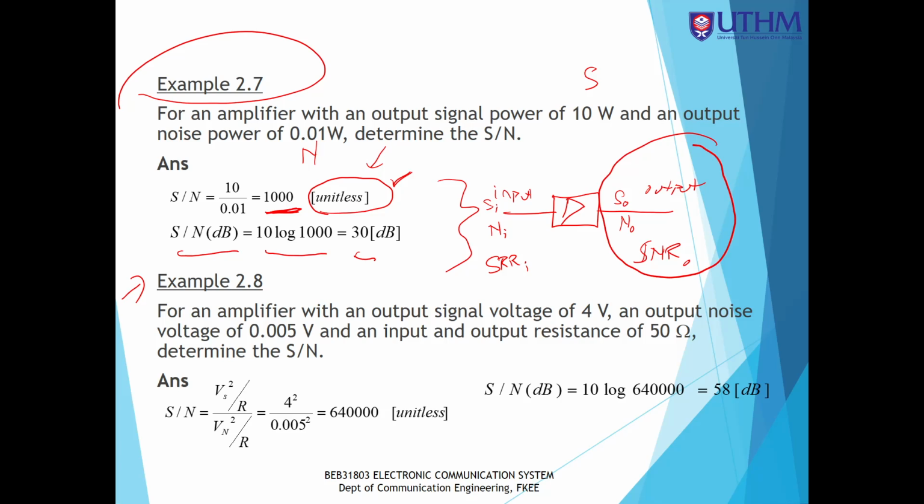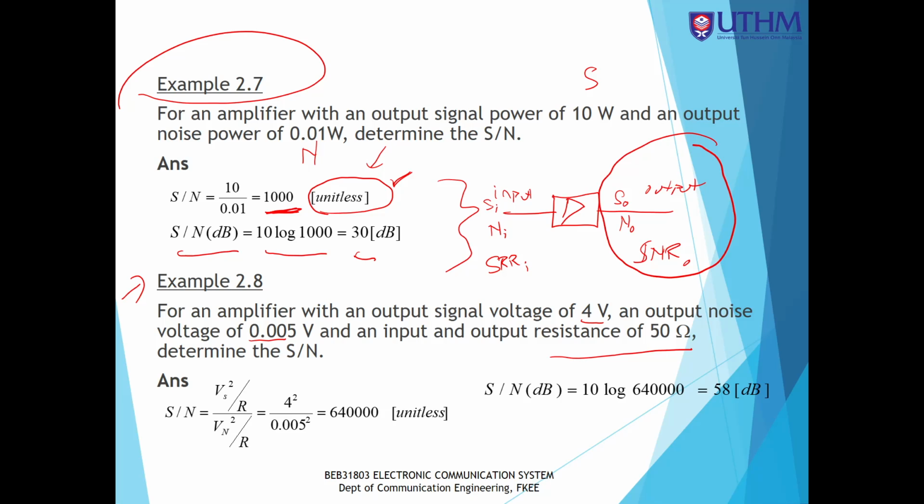Example 2.8. For an amplifier with an output signal voltage of 4 volt and output noise voltage of 0.005, and input and output resistance of 50 ohm. So input and output both have a resistance of 50 ohm. Determine the SNR.